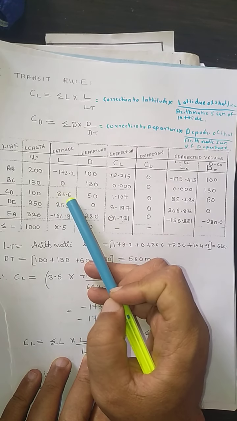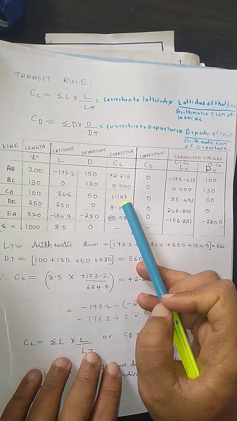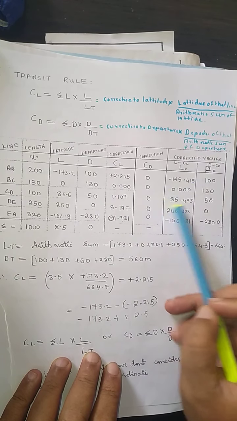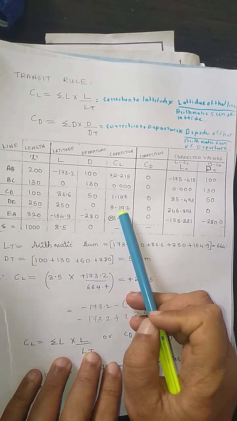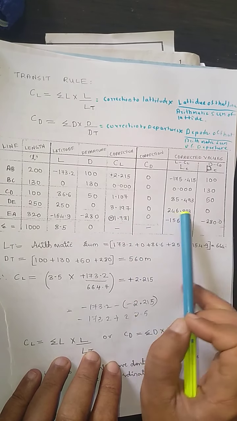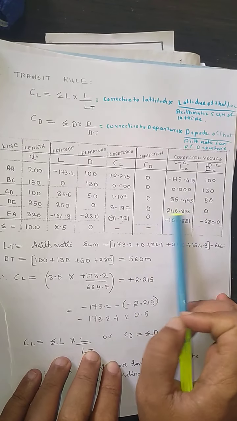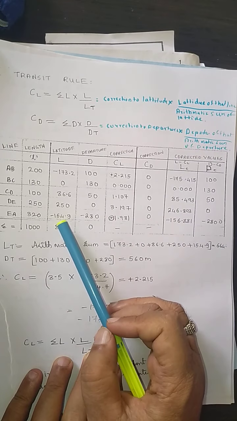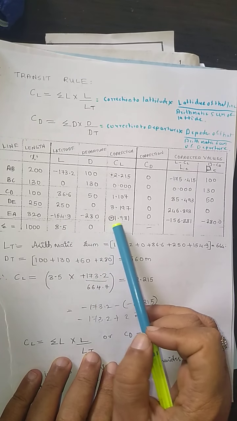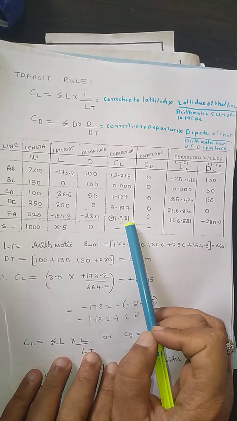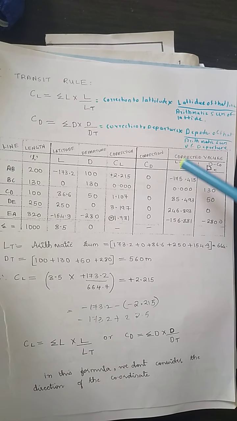Then 86.6 minus 1.107, we are going to get 85.493. 250 minus 3.197, we are going to get 246.803. Then minus 154.9 minus 1.981, we are going to get the corrected value. When we add it, we are going to get the 0 value.